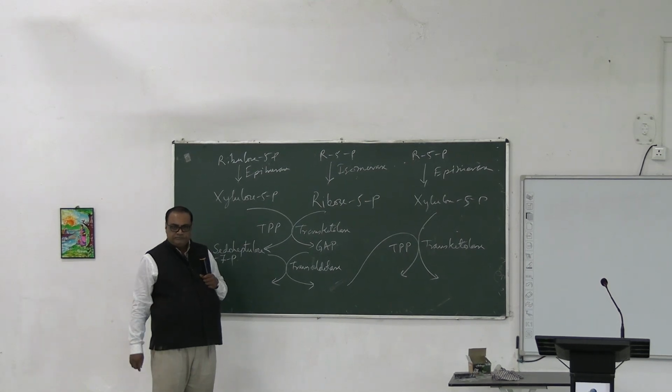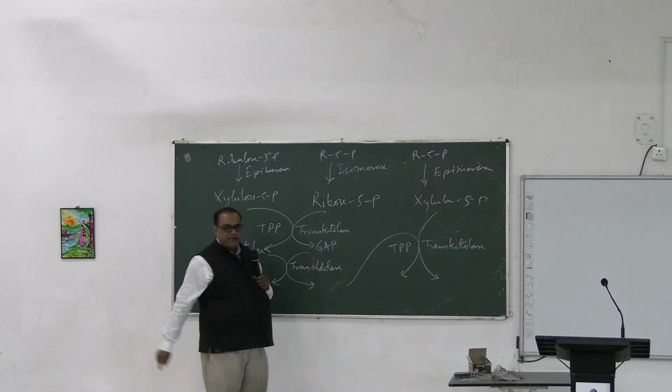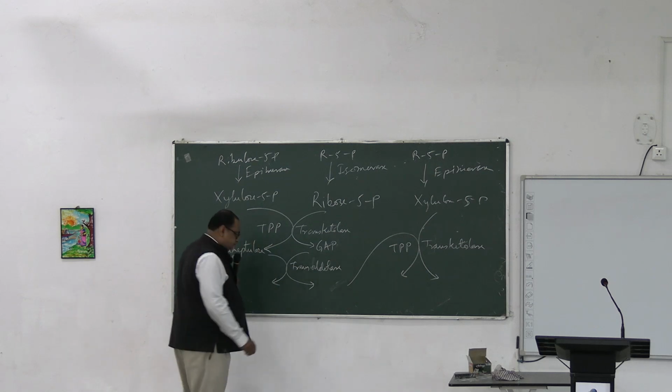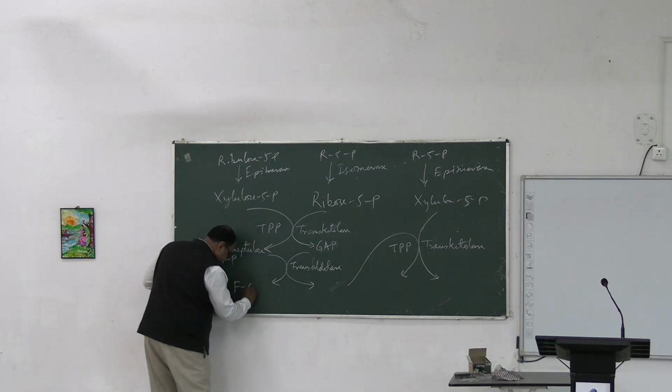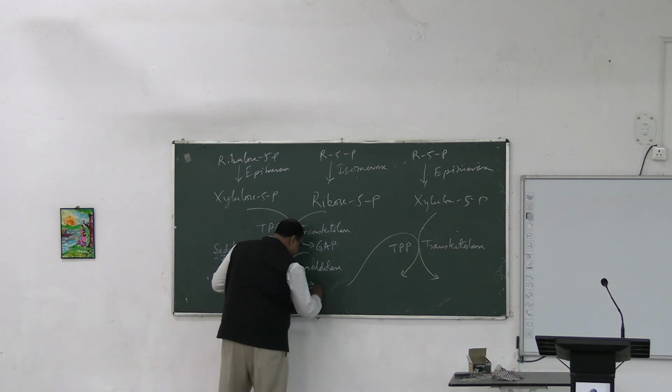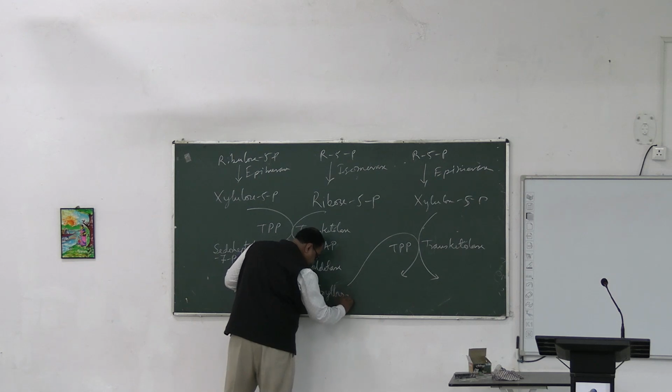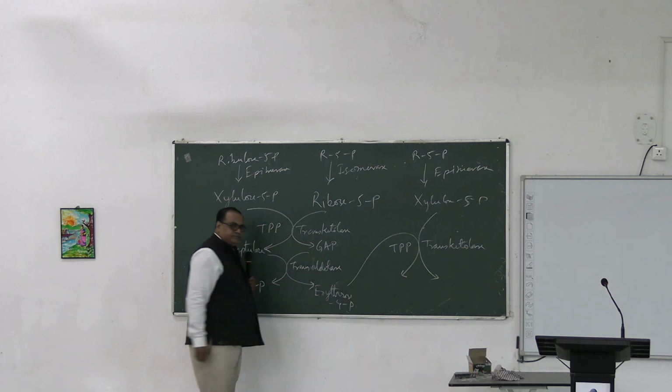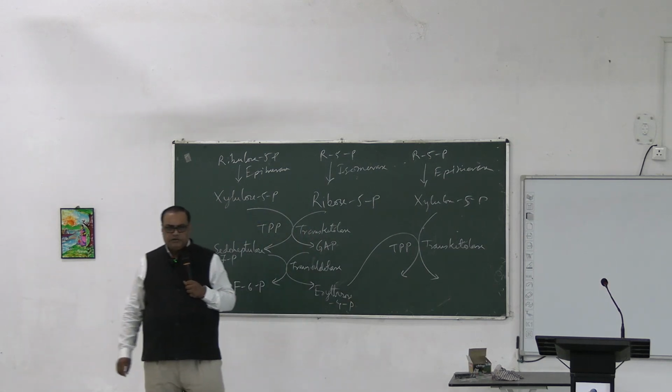What is transferring? The keto group, the first 3 carbons. Now glyceraldehyde will become a keto sugar: 3 plus 3, 6, fructose 6-phosphate, and the other will become erythrose 4-phosphate.